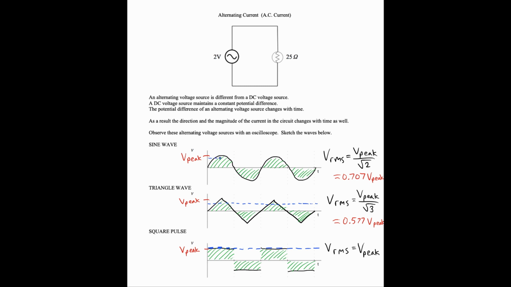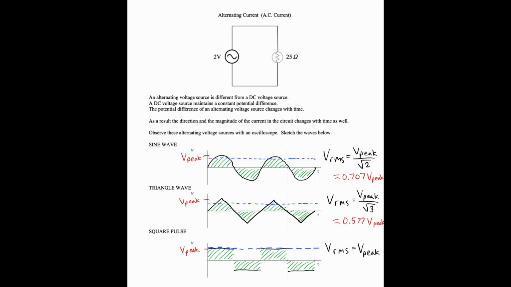So this one will be larger than the triangle wave. The larger the RMS value, the brighter the bulb will be. So let's rank these sources in terms of how bright of a bulb they would create.